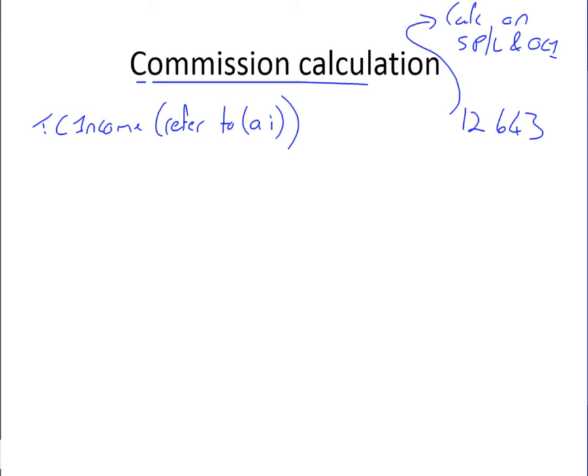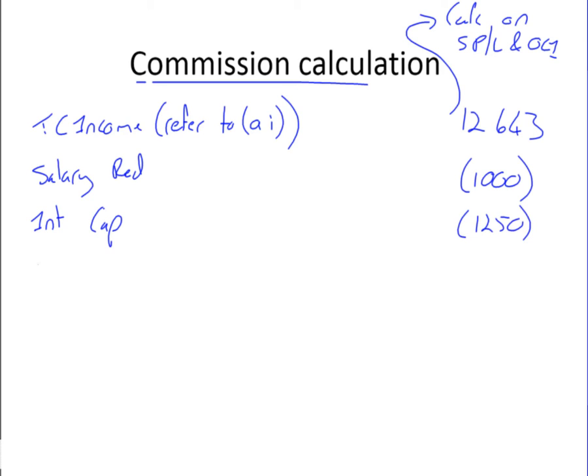Then I'm going to take off the salary for Red of 1,000. I'm going to take off the interest on the capital accounts of 1,250. I'm going to take off the interest on the current accounts, which you've done already, which was 193. And then I'm going to add back the interest on the drawings, which was 400.